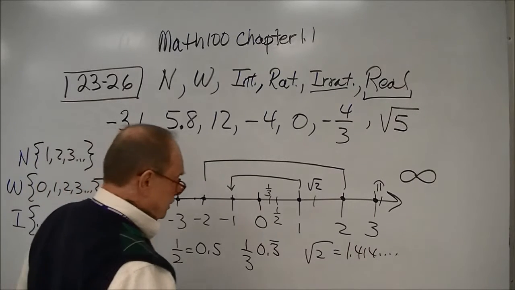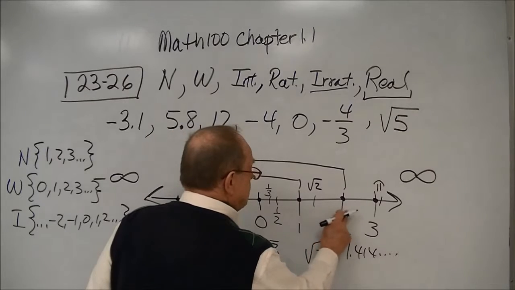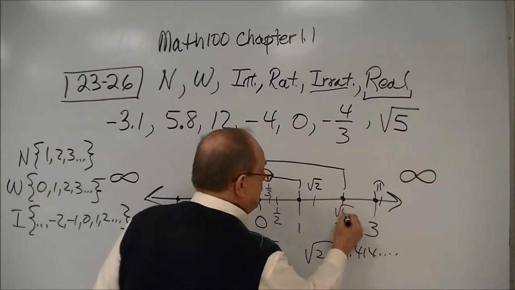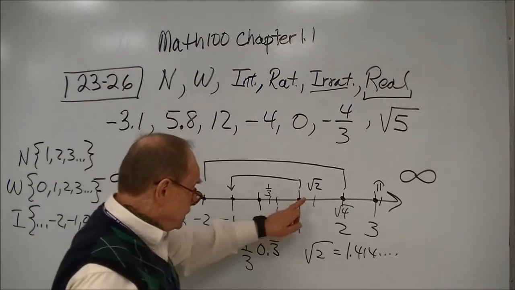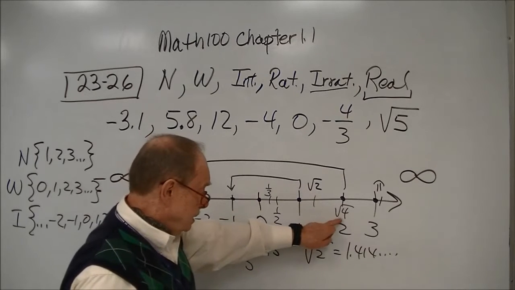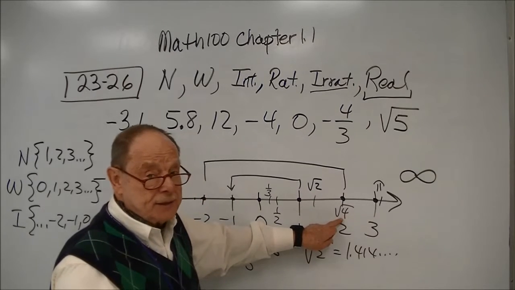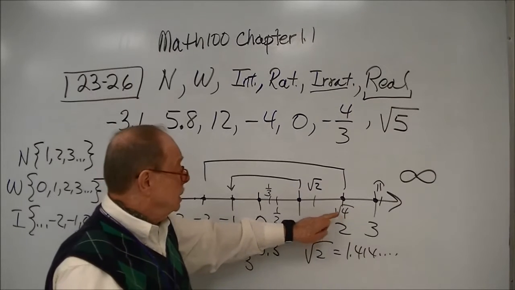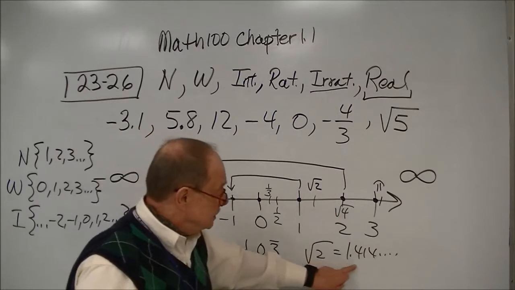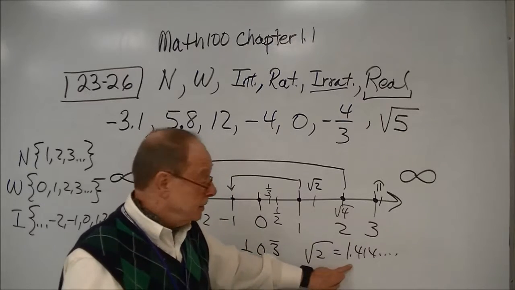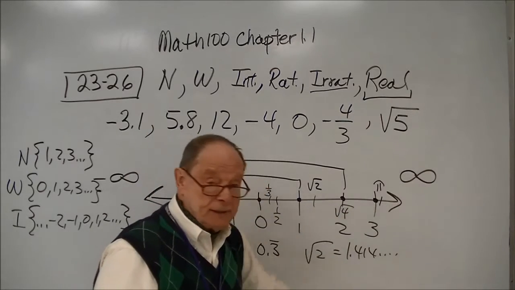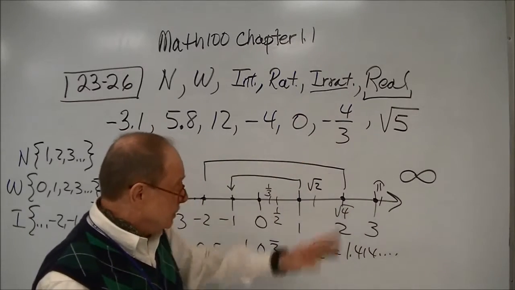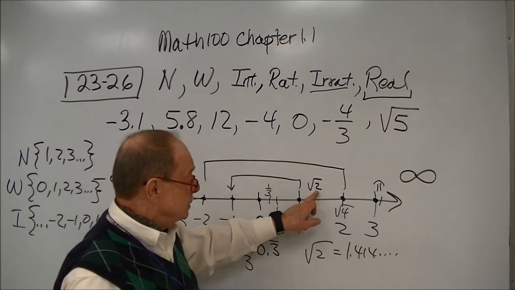One other little comment though, before we go on. Sometimes you see the square root of 4. Now that's under the radical sign, but the radical sign is just an operation. It says take the square root. Well, the square root of 2 is this decimal fraction that doesn't terminate, just goes on. So that's why that's irrational.